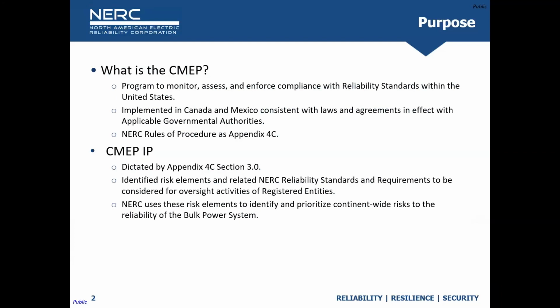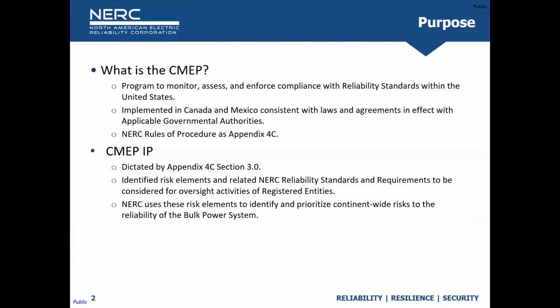It states that NERC, with input from the regional entities, stakeholders, and regulators, shall identify risk elements and related NERC reliability standards and requirements to be considered in the annual ERO CMEP implementation plan for oversight of registered entities.